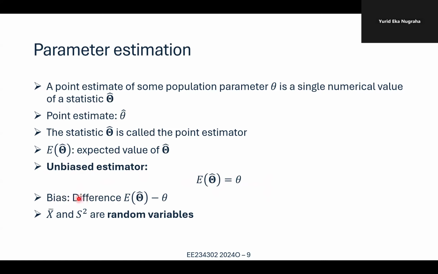But if they are not, then there exists a bias, which is the difference E of capital theta hat minus theta. And x bar and s square are random variables. x bar is the mean of the sample, whereas s square is the variance of the sample.